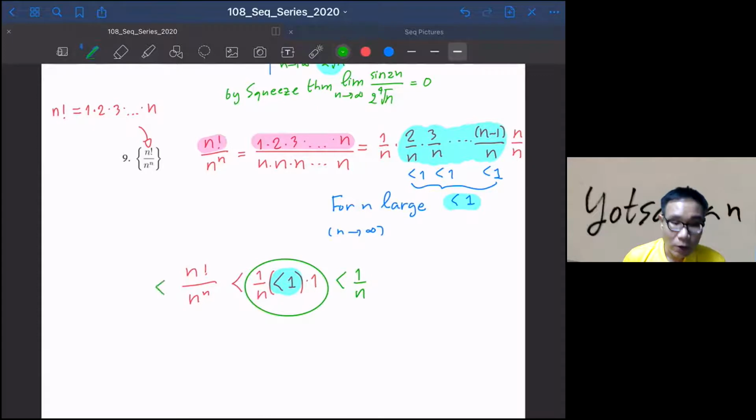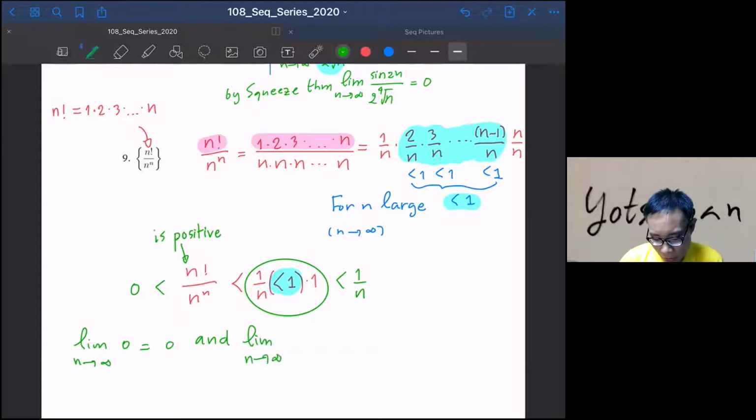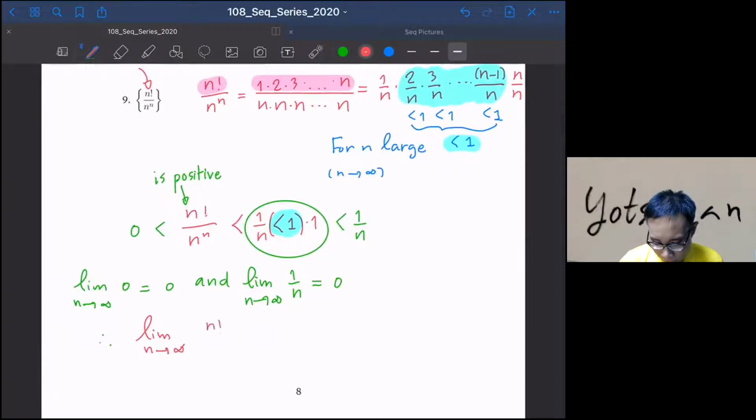And n factorial over n to the n is always positive, so it's going to be more than 0. So we have n factorial over n to the n lying between 0 and 1 over n. The limit as n goes to infinity of 0 is 0, and the limit as n goes to infinity of 1 over n, the green one, is equal to 0 as well. So the limit as n goes to infinity of the middle one, n factorial over n to the n, will become 0.